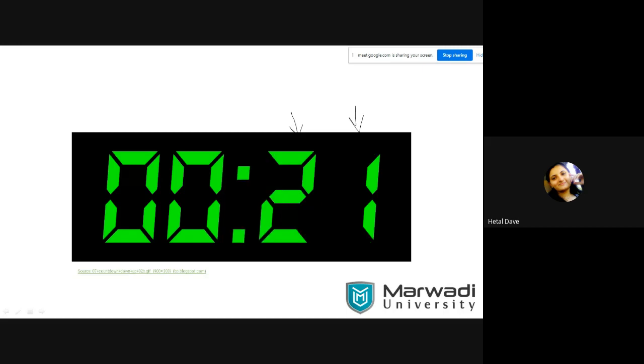So a total of 4 groups of LEDs are arranged. How they are arranged, how they can be on and off, that will be covered in the particular circuit in the second chapter. What is happening right now, that we need to observe. How it is happening, that we will see in its circuit.